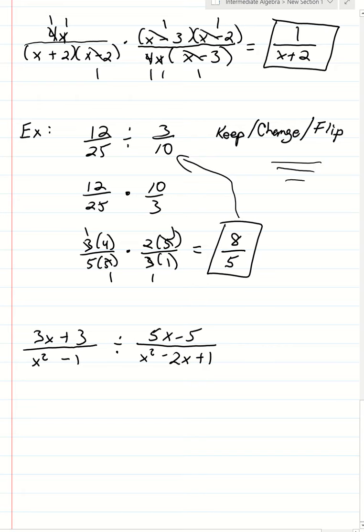So I will keep the first fraction of 3x plus 3 over x squared minus 1. I'm going to change it from division to multiplication, and then we have to flip our second fraction. So that's going to give me an x squared minus 2x plus 1 now on the top, and of course the 5x minus 5 on the bottom.